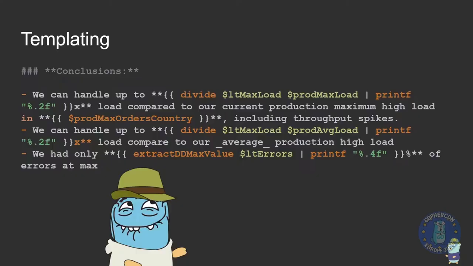What we do here is divide our load from production by the load from the load test. We find out the multiplier we had in the load test, and we print it out. So we can say, okay, did we reach 3x or 5x in our load test or not? And we can also check how many errors we had, what the error rate is.